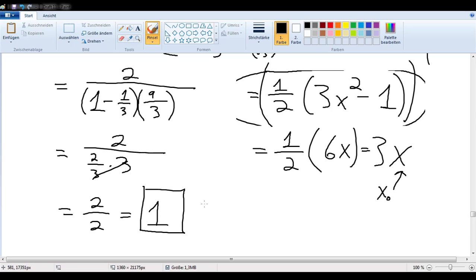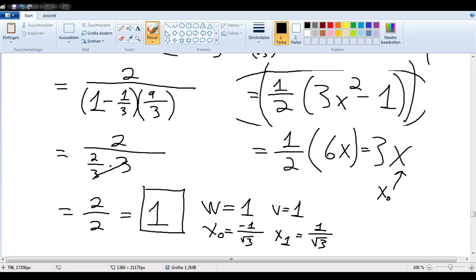So we see that the 3's cancel here, and we have 2 over 2, which is 1, which, if you remember from the very beginning, those were exactly our weights. We had W was 1, we called it V, V was 1, x naught was negative 1 over the square root of 3, and x1 was 1 over the square root of 3.